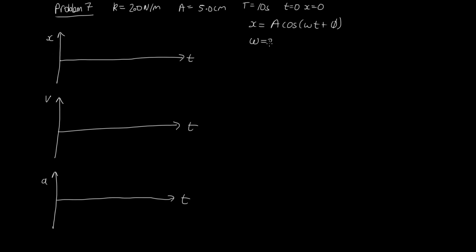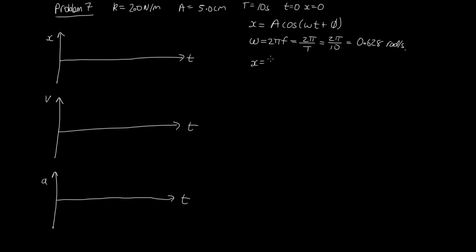So omega is equal to 2 pi times the frequency, which is equal to 2 pi divided by the period, which in this case is 2 pi divided by 10. So that's equal to pi divided by 5, which if we evaluate on the calculator, we get 0.628, and that's radians per second.